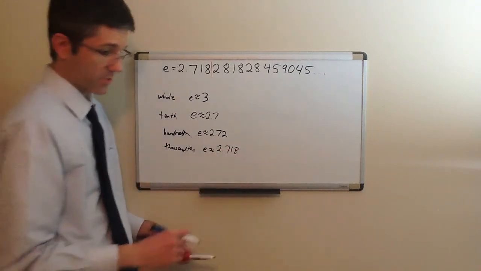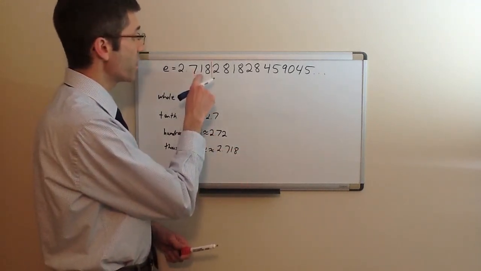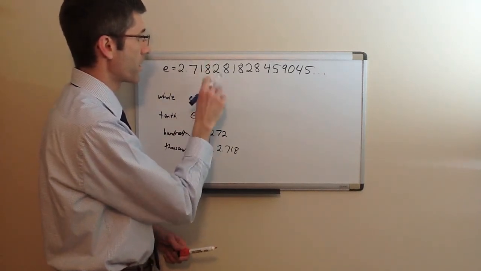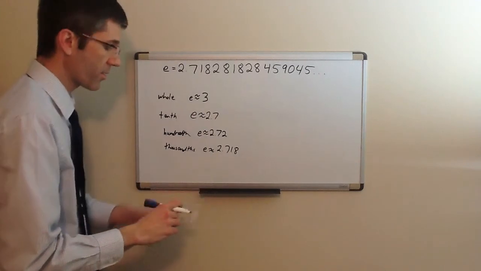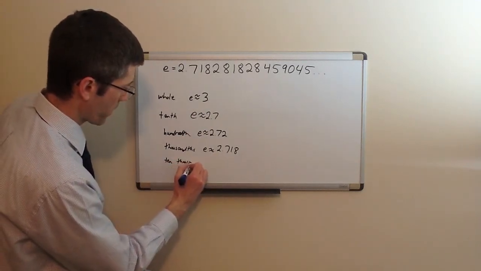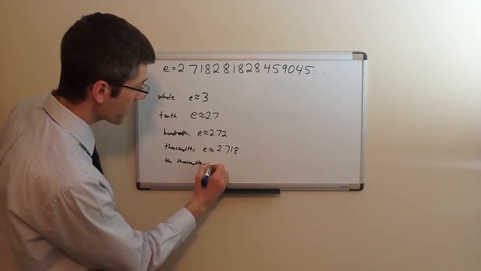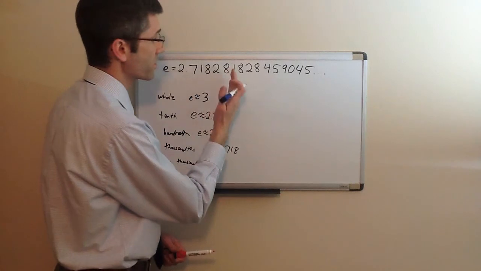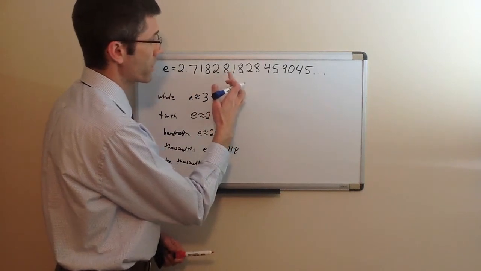And then we get to 10,000ths. So tenths, hundredths, thousandths, 10,000ths. There's a certain rhythm to that. And in that case, E would be approximately, tenths, hundredths, thousandths, 10,000ths. We stop after the 8. The 1 doesn't round that up.